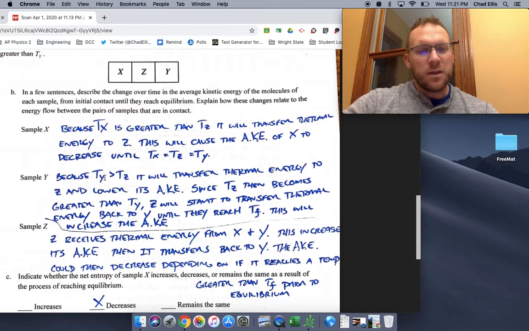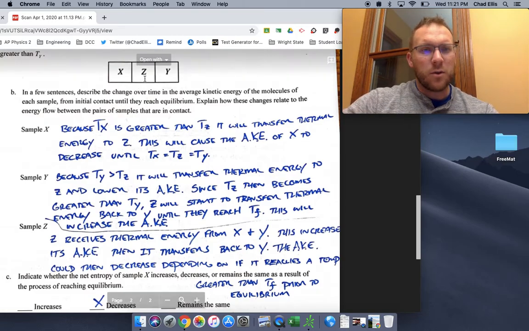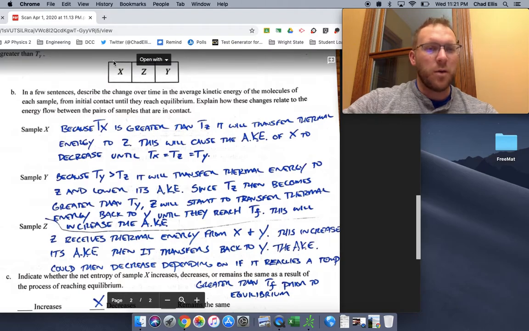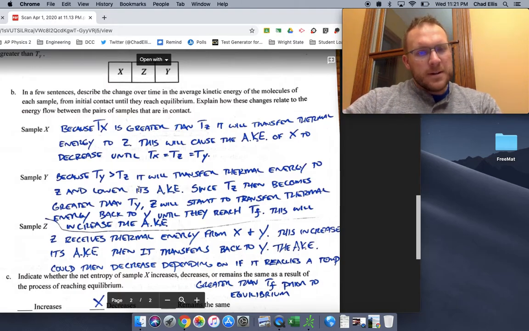Since Z then becomes greater than Ty, because Z not only has thermal energy being transferred from Y, but also from X. So Z is increasing its thermal energy pretty quickly at the very beginning.